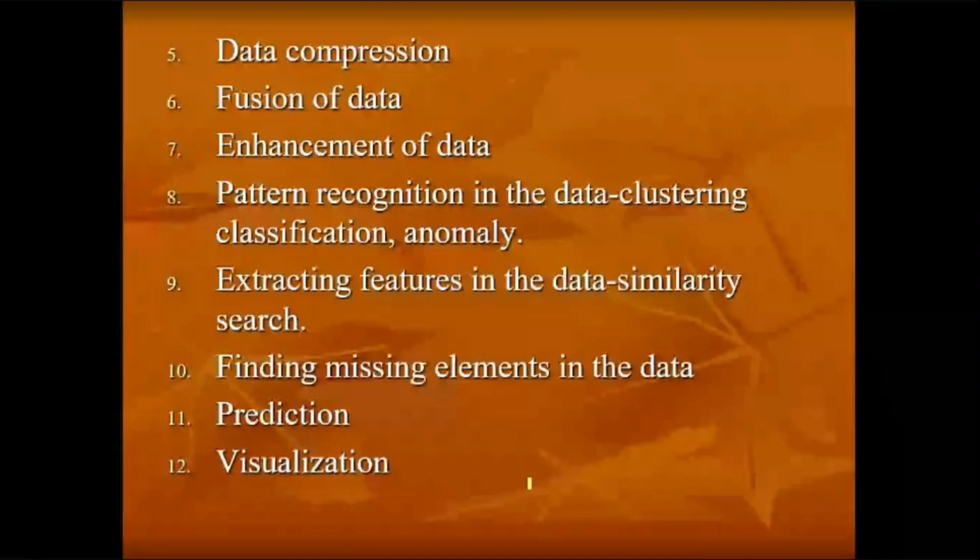From a statistical point of view, if you have huge data, then how can you find the best pattern. So data clustering and classification are very important techniques. And after that, extracting features in the data, similarity search. When you have unstructured data, how can you find the best features, right? This is a very important task.